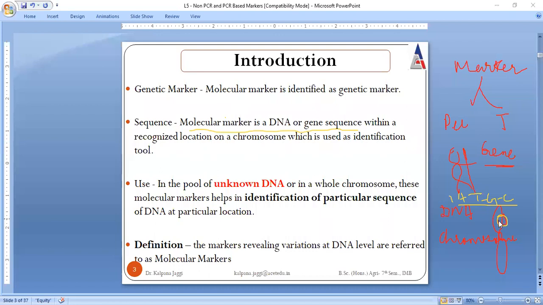That means we will always be sure: suppose we don't know what marker this is, but if we know the location of the marker is so and so on the chromosome, then we can easily say this is a kind of so-and-so marker, right? One more example that will help you know more about the molecular marker: suppose we have a pool, and in the pool we have unknown DNA.